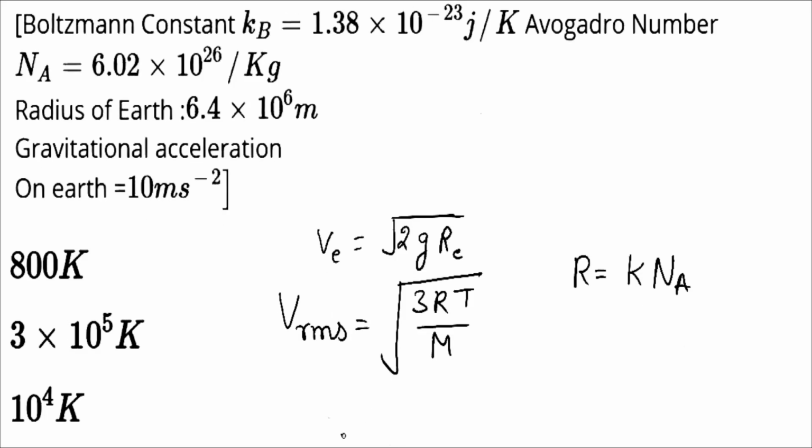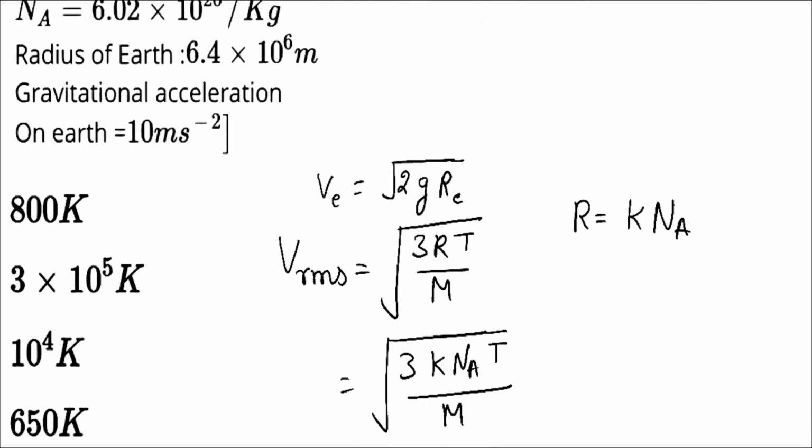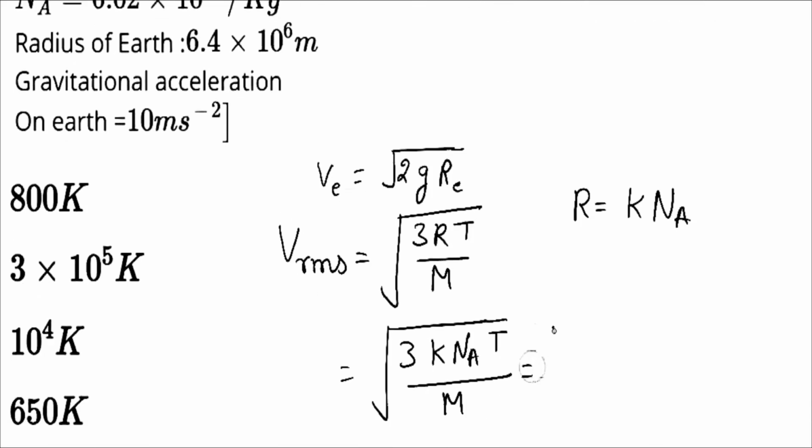So you can just put it here, and you'll get 3 k Na by this. It is given here that the escape velocity and the root mean square velocity of the hydrogen gas molecule are equal. So we can also write it as 3 kT by small m, where small m is the molecular mass.